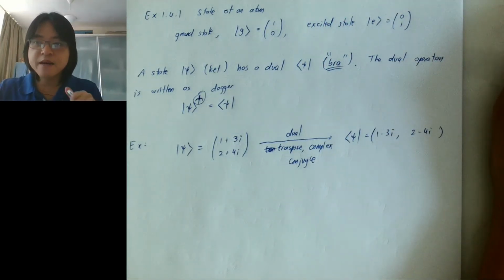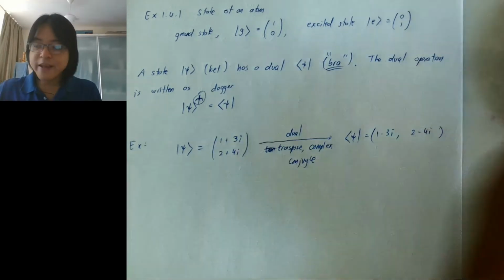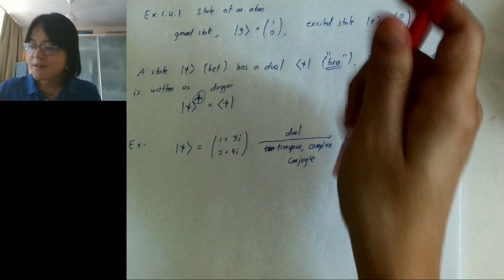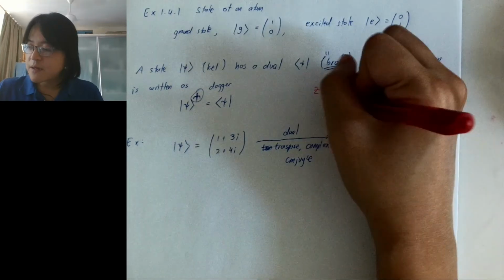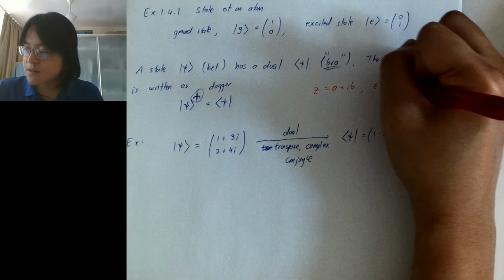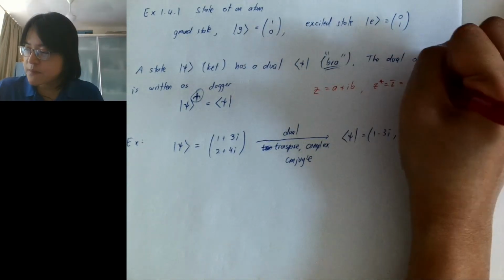Transpose plus bar, yes. The star symbol, I talked about this last time. Complex conjugate: Z is A plus iB, so Z star or Z bar is A minus iB.